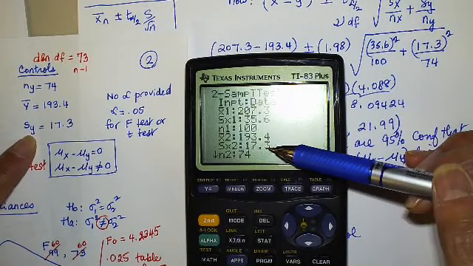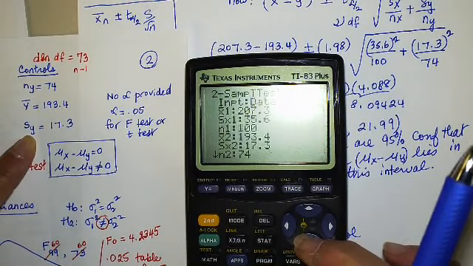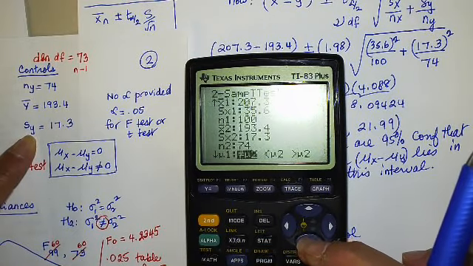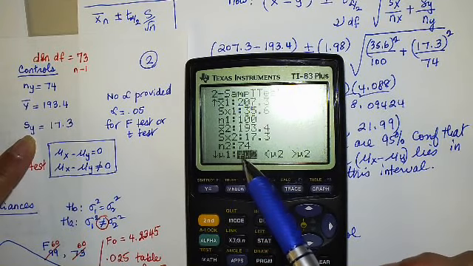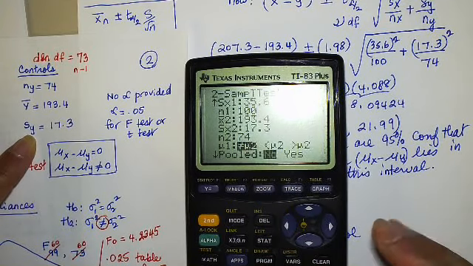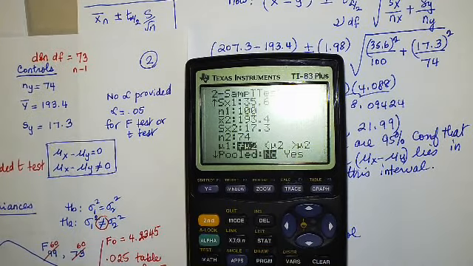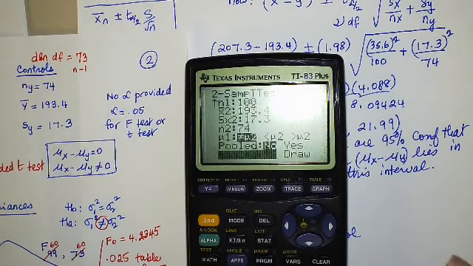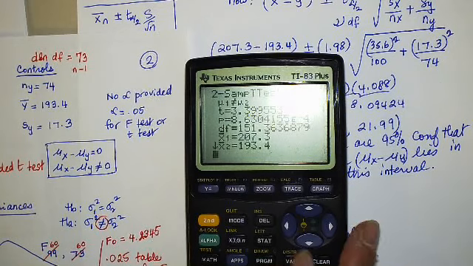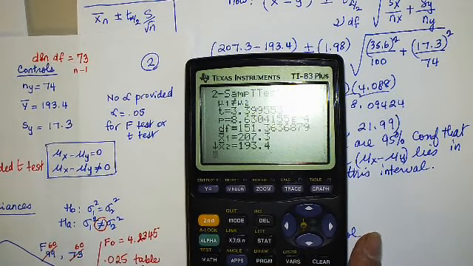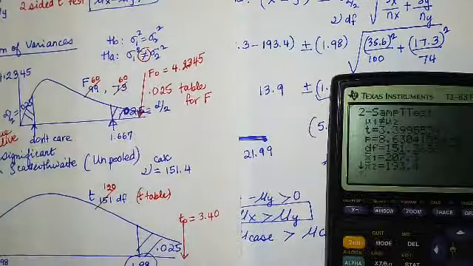X1 bar equals 207.3, S equals 35.6, N equals 100, Y bar equals 193.4, SY equals 17.3, and N2 equals 74. And what side is this test? It's two-sided. So I picked that first option.